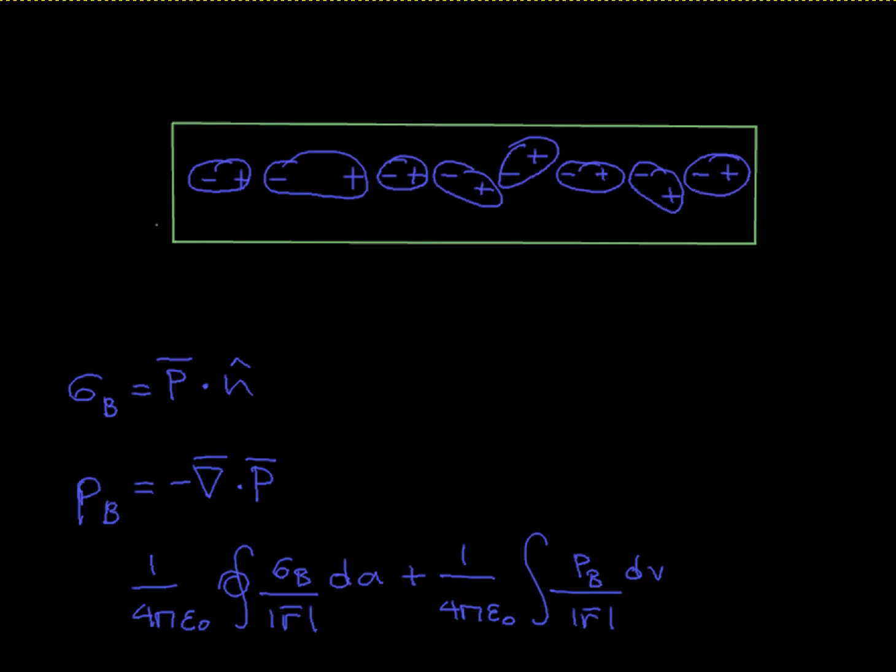Now, in the case where you have a non-uniform polarization, either because the dipole moments have a different magnitude or because the dipole moments point in different directions, at the end of the day, in this case, polarization is non-uniform.